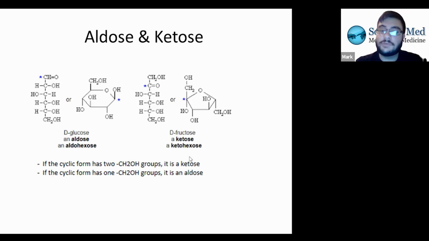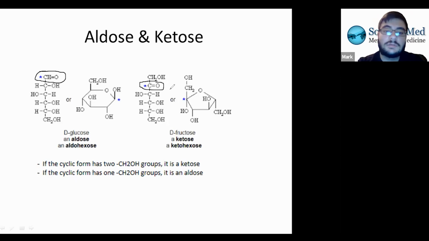You don't see it in the ring. There's another way to look at it in the ring, but the aldehyde is only present in the Fischer projection because it becomes like this in the ring. So you can see here it's an aldehyde and it's starred for you, and this is the carbon they started with, which made it very nice in this diagram. And ketose, you can see here, this is a ketone, not an aldehyde anymore. This is called ketose, for something like fructose.